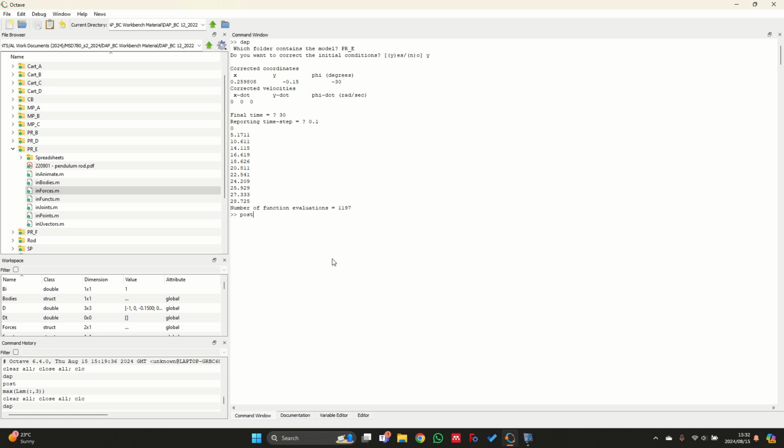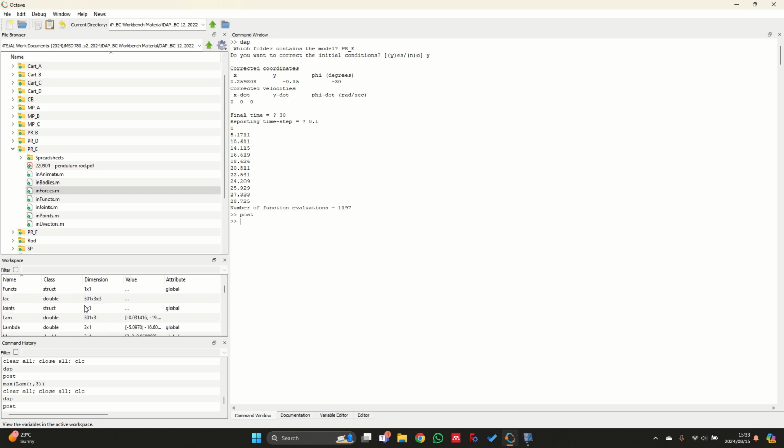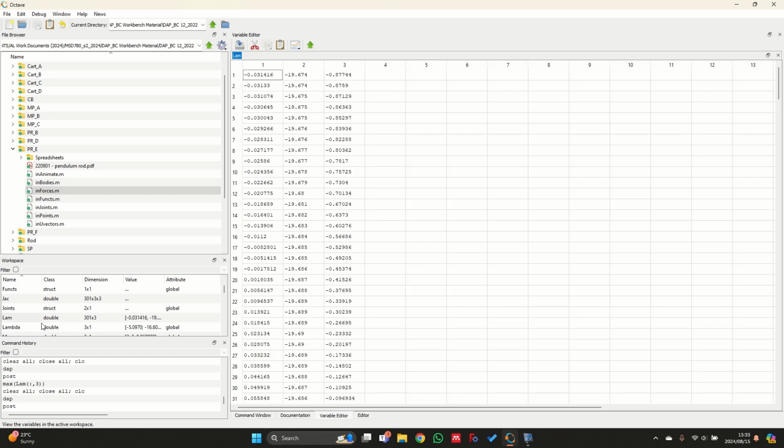So now what I can do is run the post, and this post processor will then generate the new Lagrange multiplier values over here. And if I now look at these values, what we actually have is now negative values for the torque relating to the relative rotation driver.